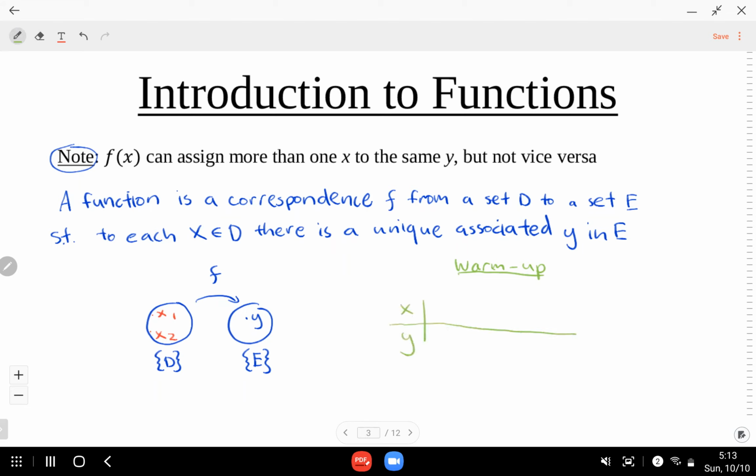We have x and y. This is f of x. We have a function here. We have 1 to 0, 2 to 0, 3 to 1, 3 to 2, and 1 to 4.